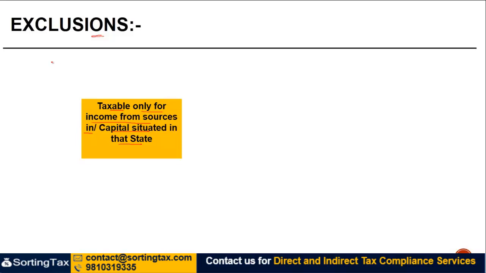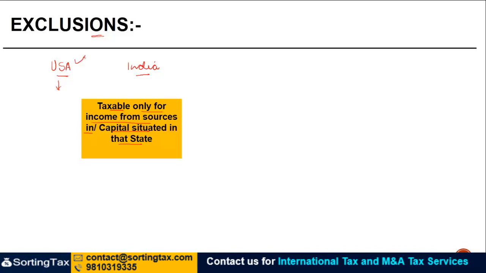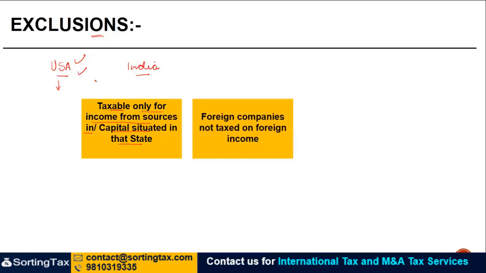Let's say there is a US person who wants to invest into India and wants to claim the benefit of the India-US treaty, but insofar as the US is concerned, he is taxable only for income from sources situated in the US or capital situated in the US. In that case, he is not going to be considered a resident of the US and therefore will not be entitled to the benefit of the India-USA treaty.